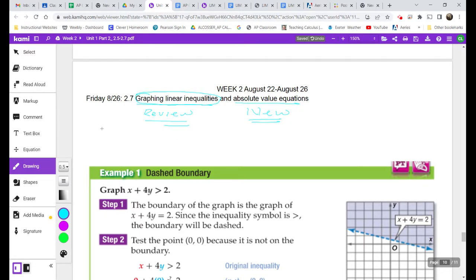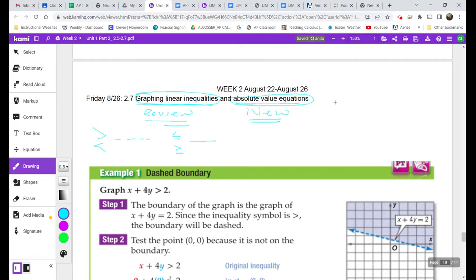When you're dealing with inequalities and we're graphing the line of an inequality, when we have a less than or greater than, it's a dashed line. And when we have less than or equal to or greater than or equal to, it's a solid line. Now, absolute value equations are the same idea as a parent function.